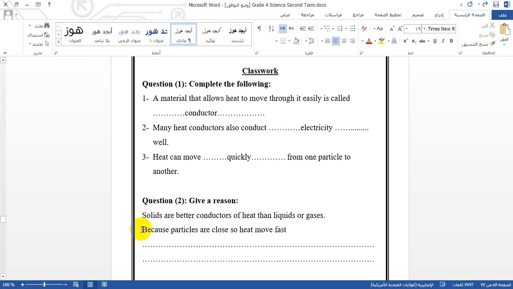This is the answer. So this one is the answer, okay? Let's go to the next page now.